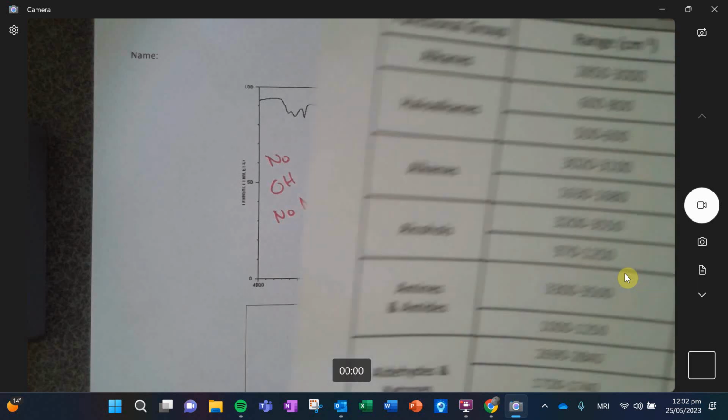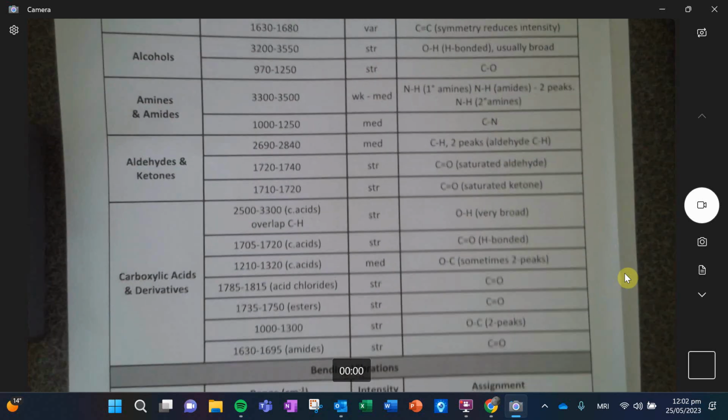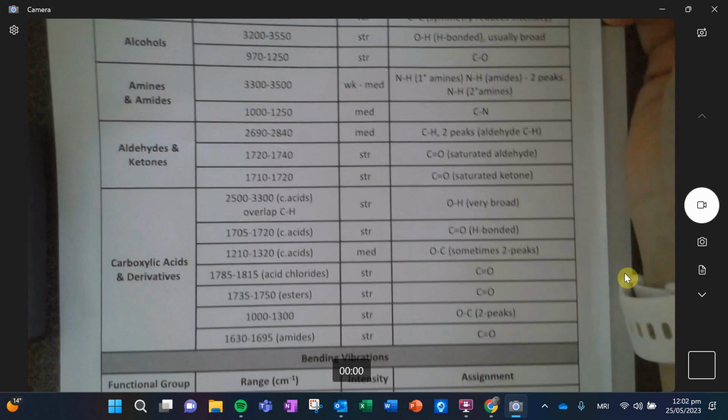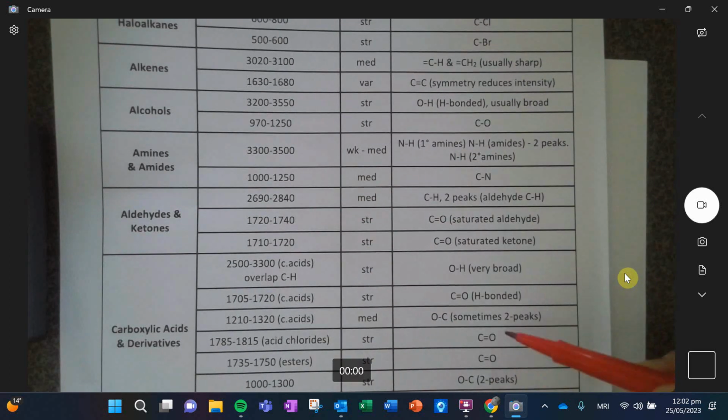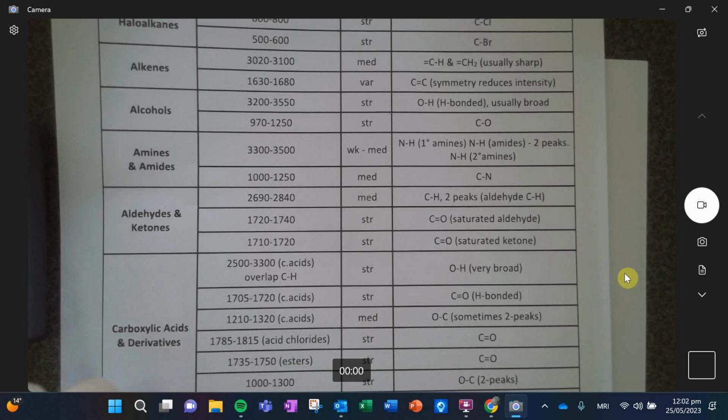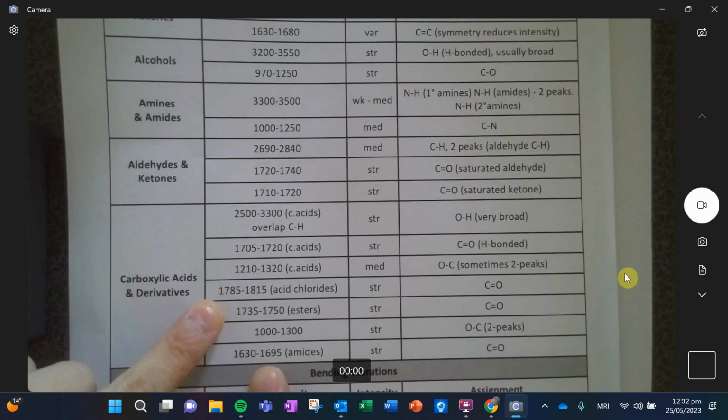Now I can go back to this guy and just confirm. So I personally like to look on this column here because it gives me the functional groups. Obviously, they have the carbonyl a couple of times because they're mindful that the carbonyl could be in a carboxylic acid, could be an amide, could be an aldehyde or a ketone. It does shift very slightly, but the main thing to look at is that with the carbonyls, they're all roughly around 1700.